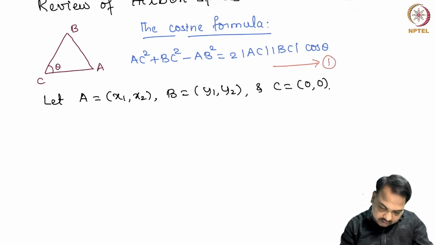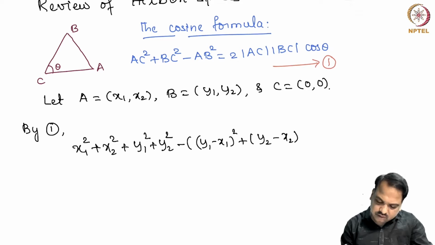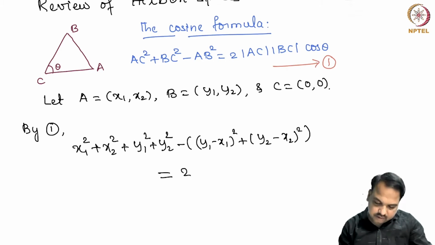Then by 1 we get x1 square plus x2 square plus y1 square plus y2 square minus (y1 minus x1) square plus (y2 minus x2) square equals 2 times the length of the vector, which is the square root of x1 square plus x2 square.